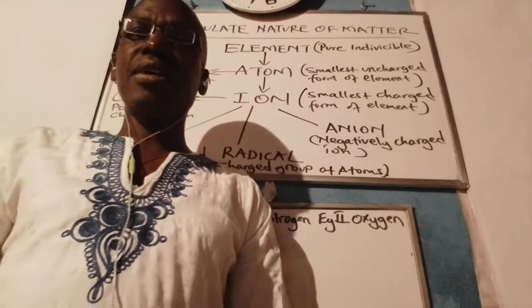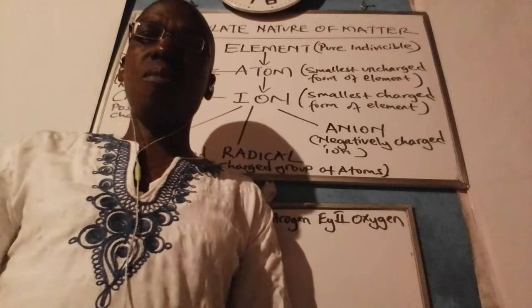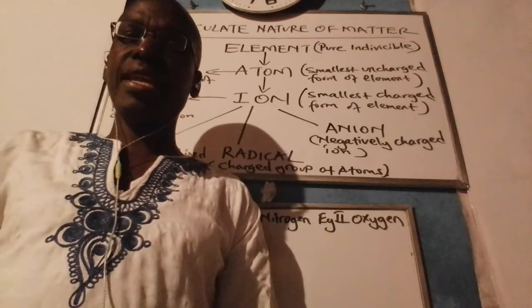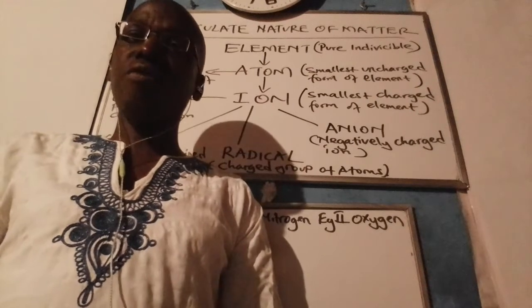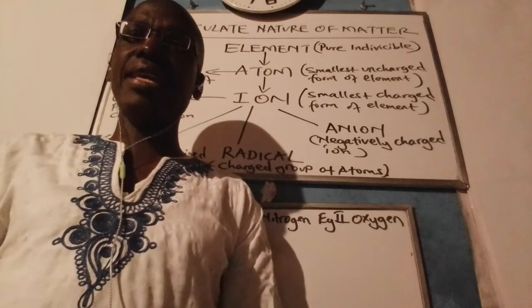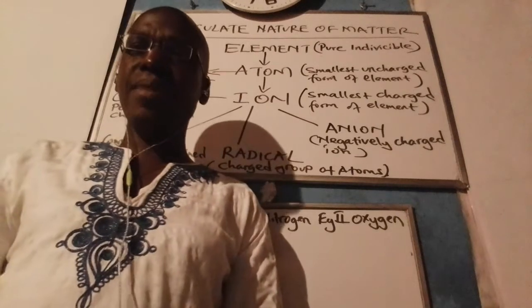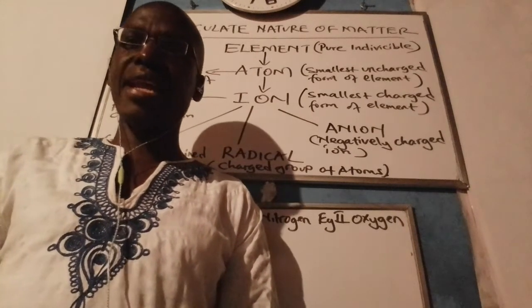We have said that, one, an element is a pure indivisible form of matter which does not split by the chemical means. Secondly, that an atom is the smallest uncharged form of an element. And thirdly, that the ion is the smallest charged form of an element and manifests in two forms, as cations and as anions.